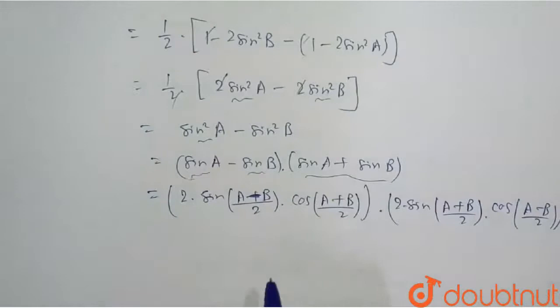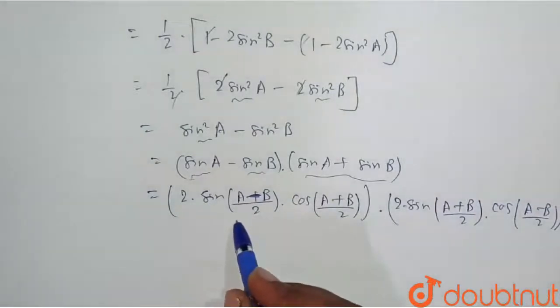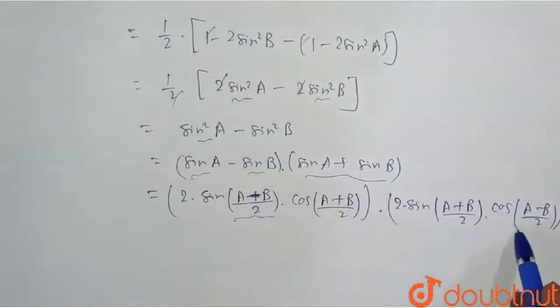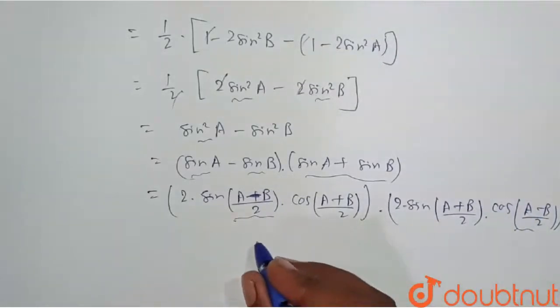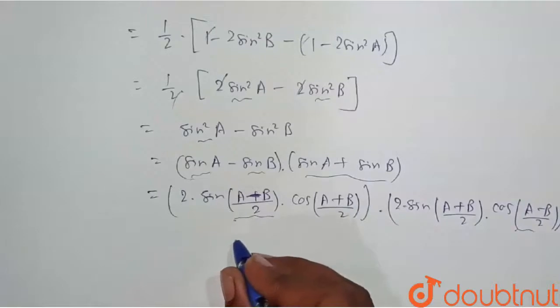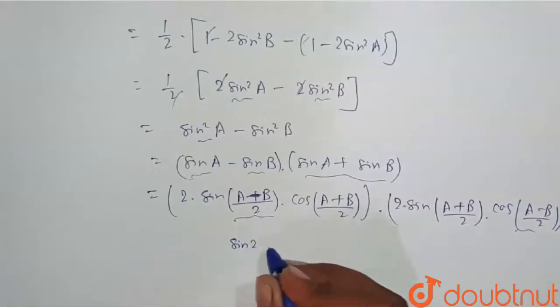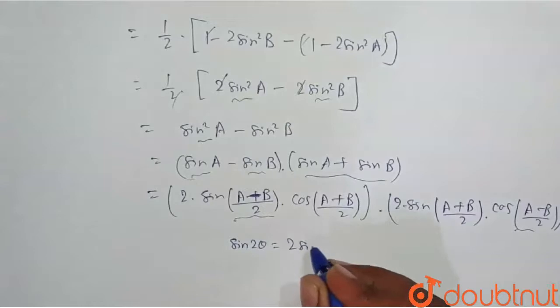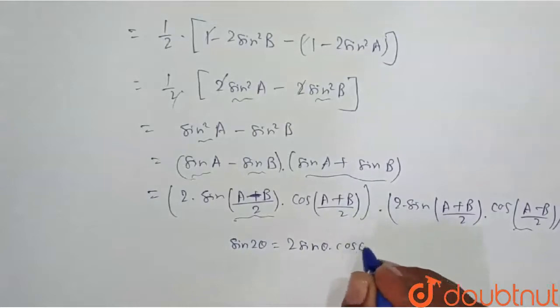From here we can see that the angle (a - b)/2 is the same in the sine and the cos, and we know a formula in trigonometry is sin 2 theta = 2 sin theta cos theta.